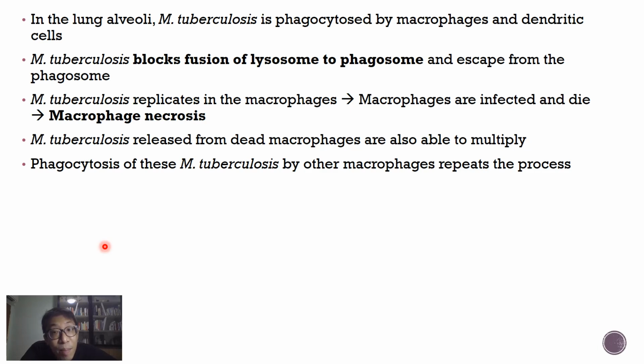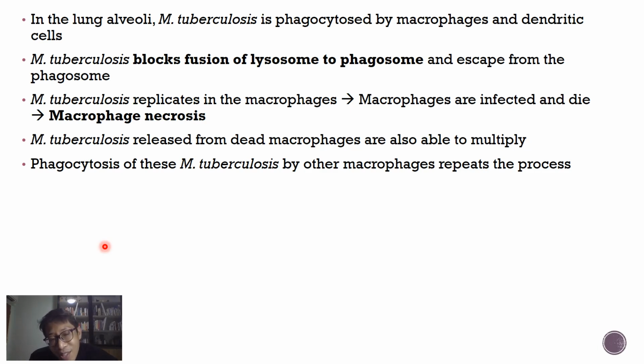The macrophage becomes infected and eventually dies. The macrophage dying due to this infection by Mycobacterium tuberculosis is described as macrophage necrosis.